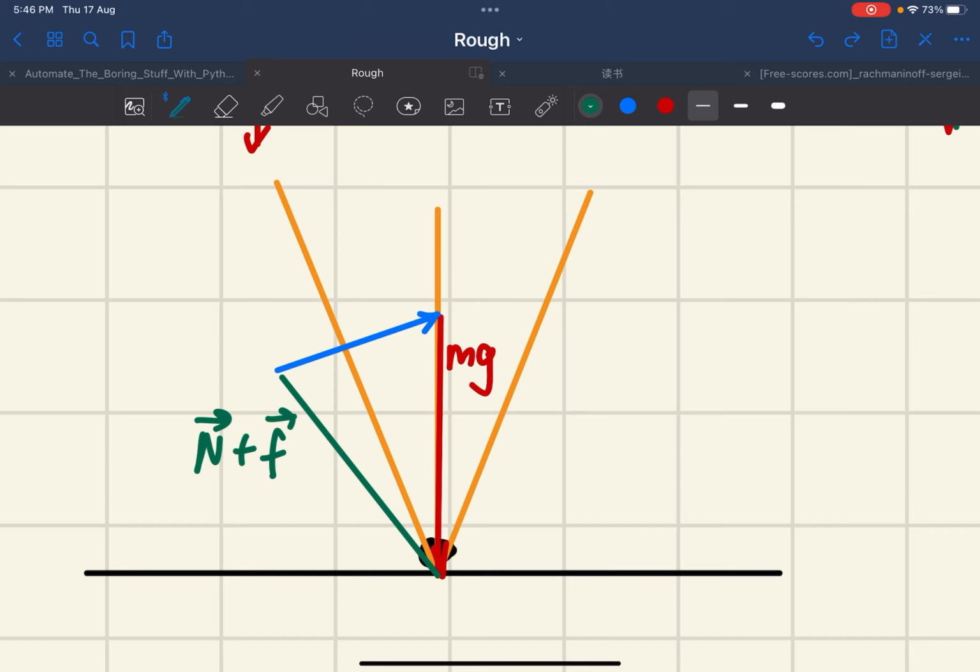Therefore, in this case, physically, the normal force will still be the same height in order to prevent the box from falling into the ground. By giving a force so that its vertical acceleration is 0, it doesn't sink into the ground, but its friction force can only be so much.